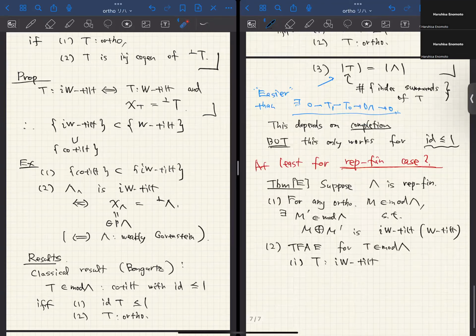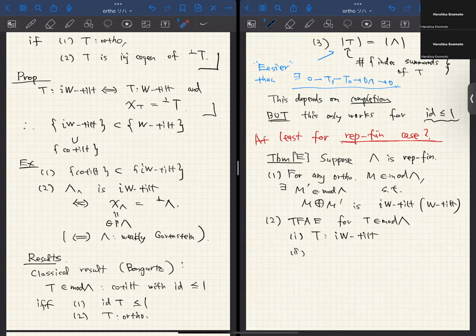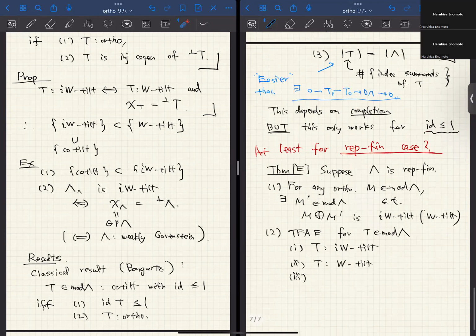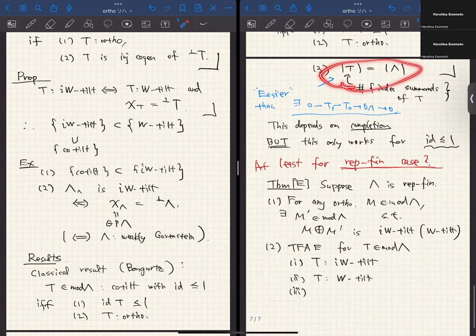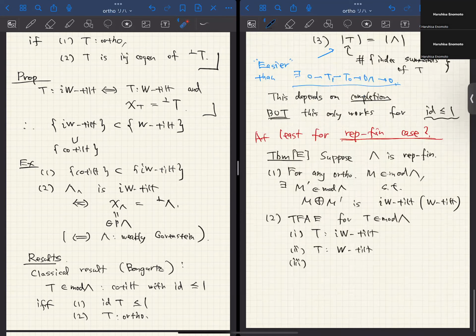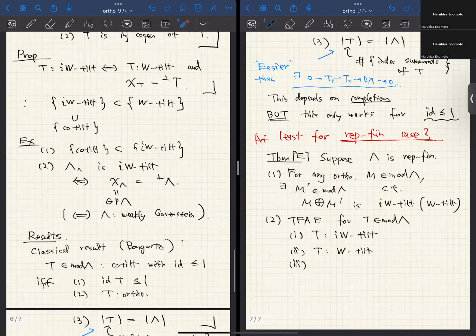The second condition is just T is Wakamatsu. The third condition is precisely this condition: T is orthogonal such that it has full rank. So the number of indecomposable summands is equal to the rank of the algebra.